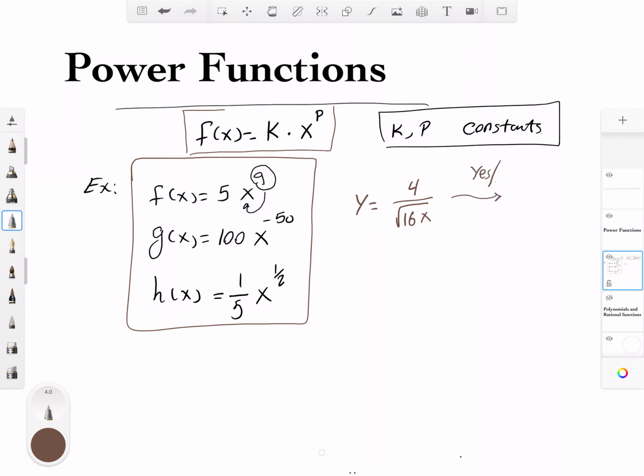Yes or no? If it's yes, make it into standard form, which is a constant multiplied by x to the power of p. In your homework, they might ask you what k is and what p is.